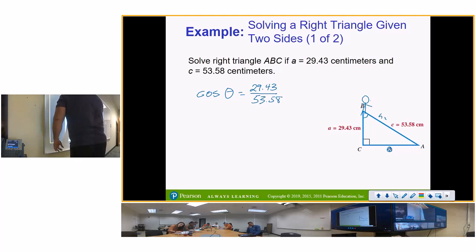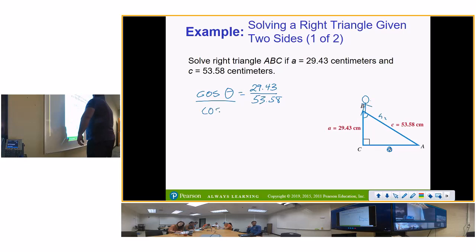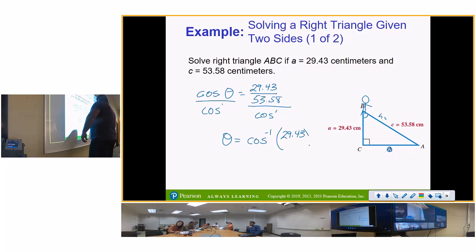So we've got to solve for the theta, so I'm going to divide by cosine, that's to the first power, divide by cosine to the first power. If I bring that cosine up, that's going to make it what? Inverse cosine, -1 of 29.43 over 53.58.